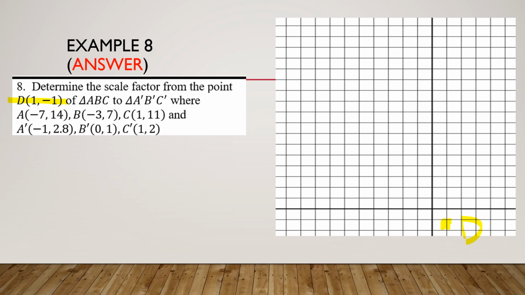And again, I find it easier to just do one of the points. We're going to find a point that'll be easy to count on. So I'm going to use B. So B is at -3, 7. So to the left 3, up 7.